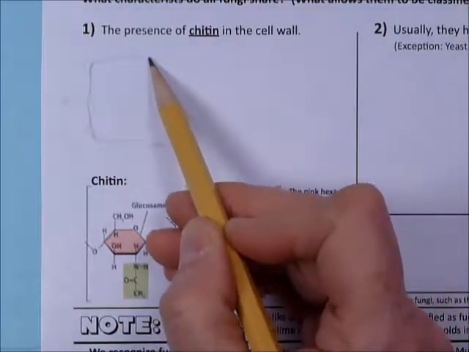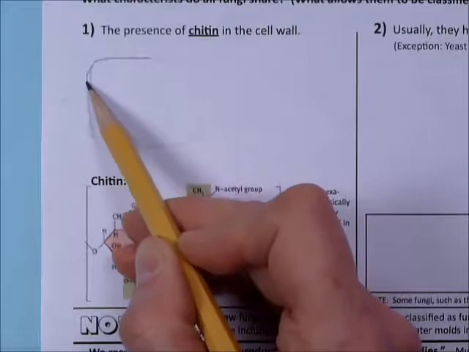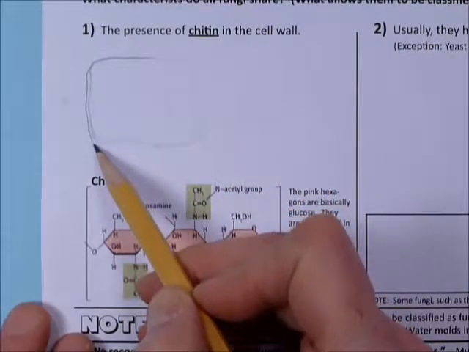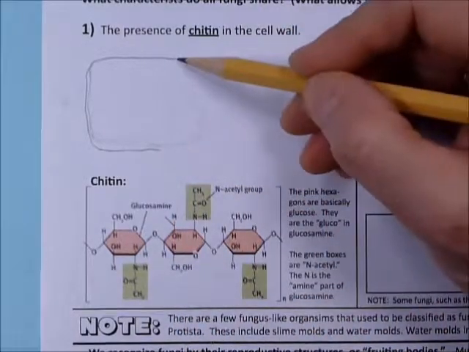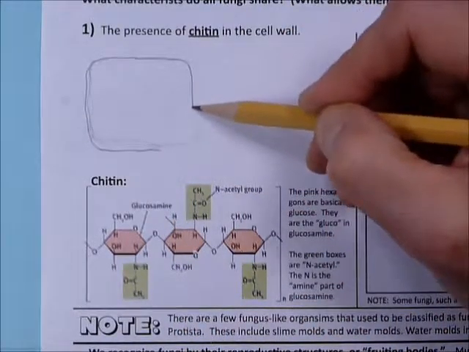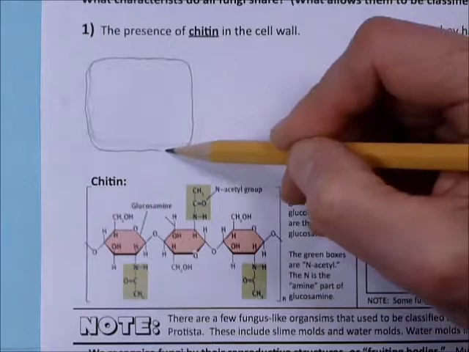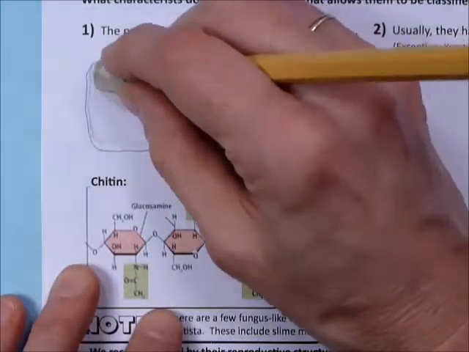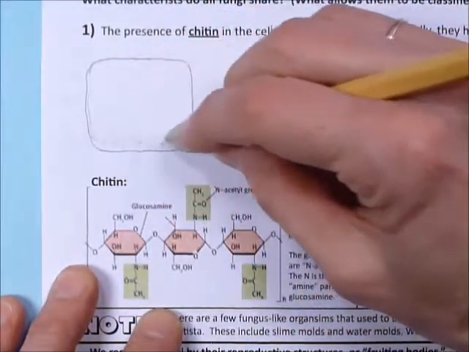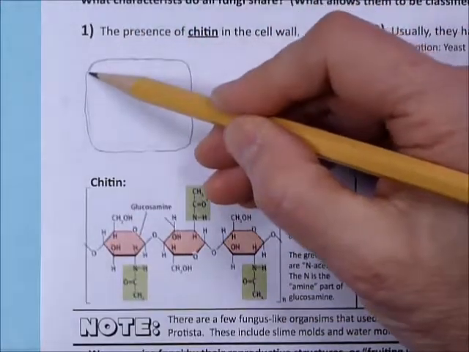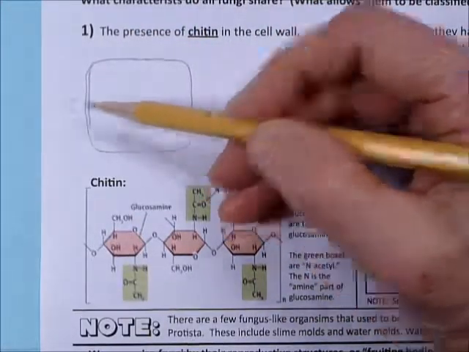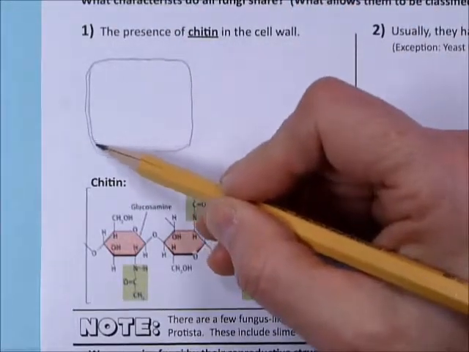The most difficult thing is going to be making a double line here. We want an outer line, and then we want an inner line. I'm going to erase my guideline here a little bit. And then very, very close to that line, right inside of it, we're going to make a second line.